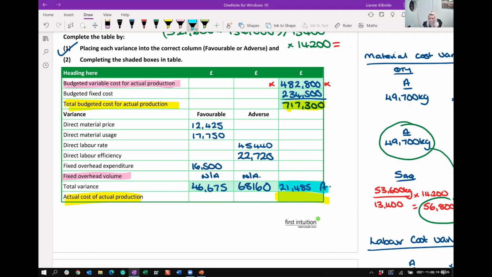Adverse is a negative impact on the business, okay? So if it's adverse, you have spent more money, which means your actual production is higher than your budget. So well done for those who put higher. So that becomes 738,785. Okay.